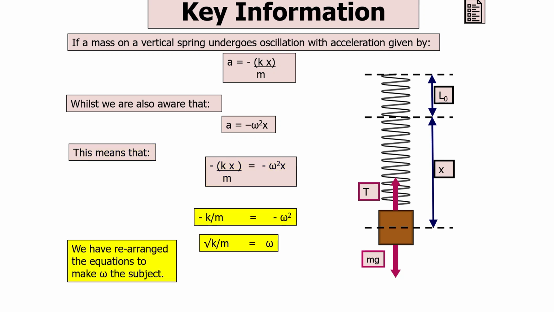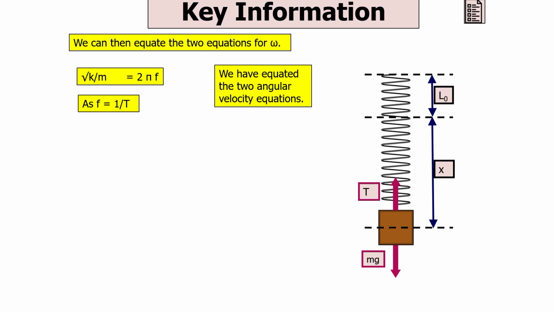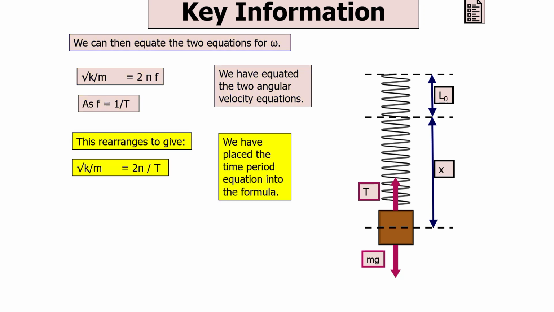So therefore, omega is equal to the square root of k over m. Now we also know that omega is equal to 2 pi f, and f is equal to 1 over T. So therefore we can place the time period into the formula and get the square root of k over m is equal to 2 pi over T.